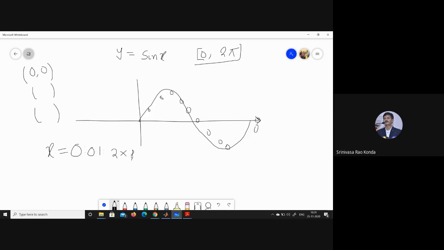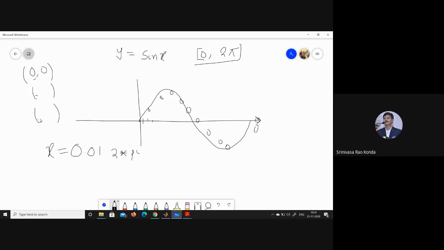I will get a finite number of points from 0 to 2 pi with an increment of 0.1. That means I have all the first ordinates.